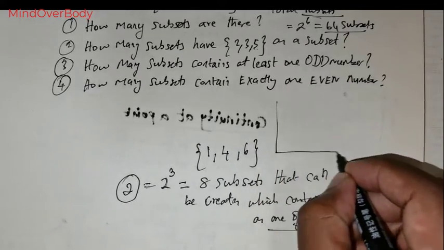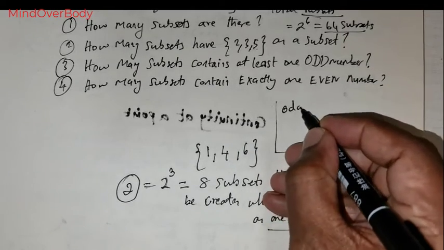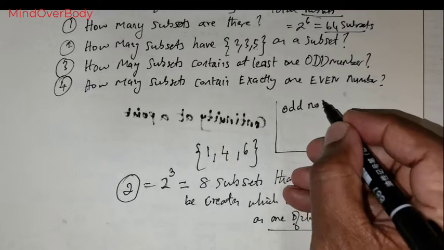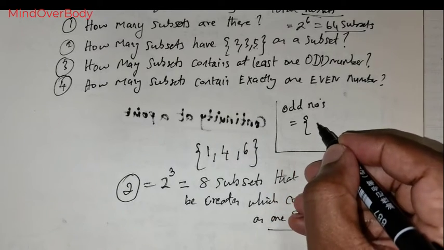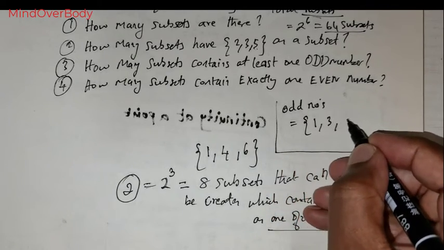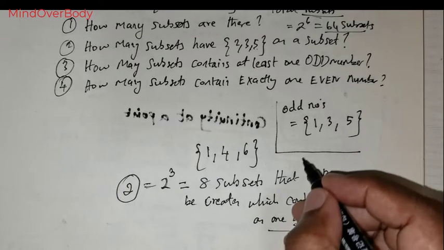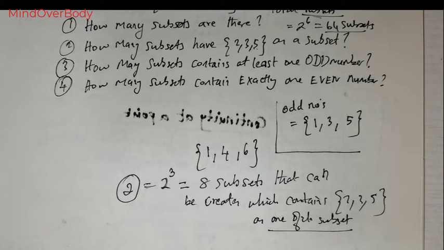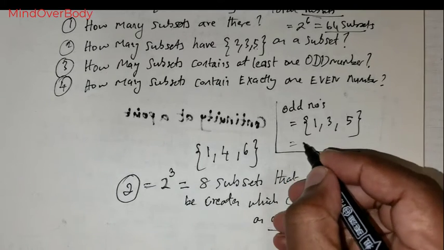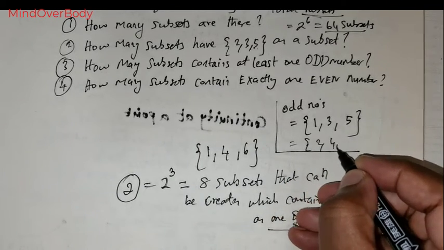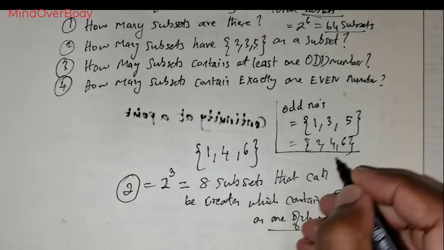Now let me use the space here. The odd numbers that we have are 1, 3 and 5, and the even numbers that we can see are 2, 4, 6.